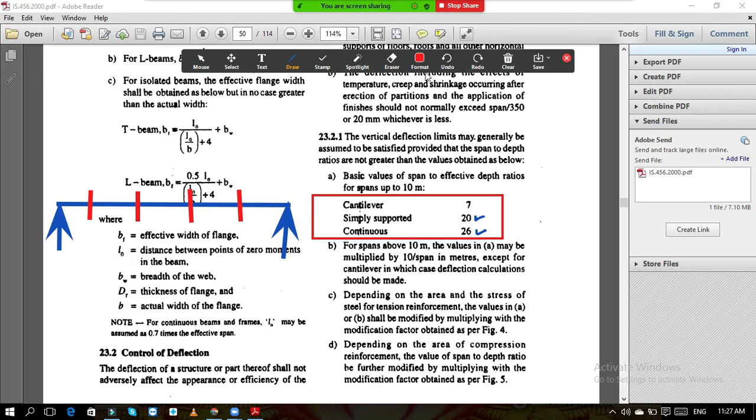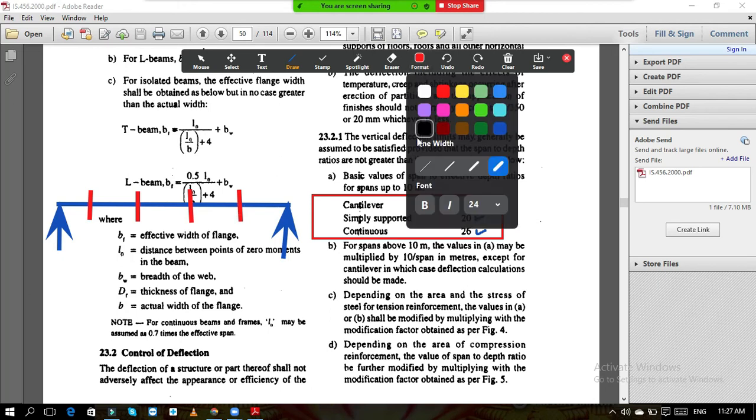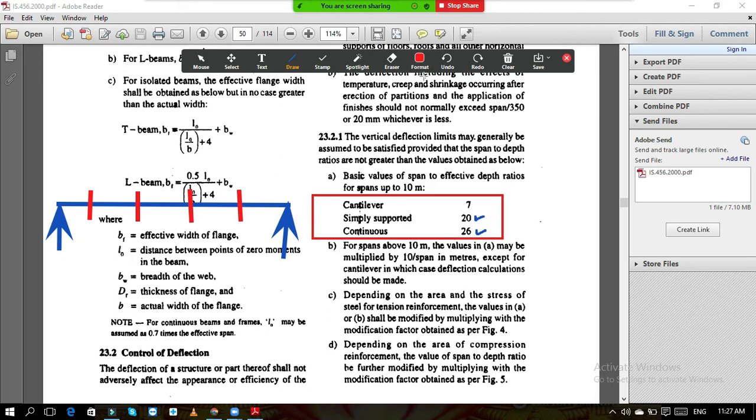Okay, for your understanding, I have written it like this. So this is your first panel, second panel, third panel, fourth panel and fifth panel. This first panel is your end panel, and the fifth panel is also your end panel.